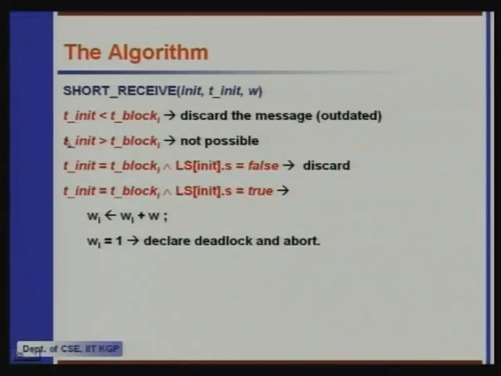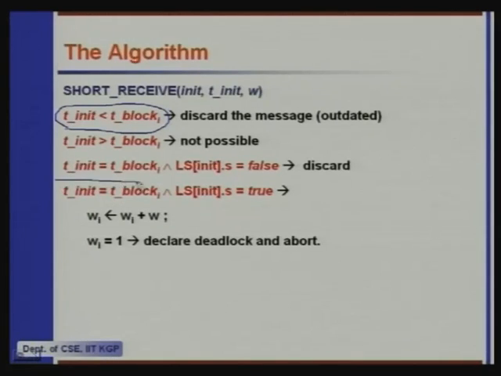What does a node do when it gets a short message? If t init is less than t block I, then it discards the message, because this is an outdated short. If it is greater, that is not possible, you cannot get a short message for a flood which has not yet been initiated.